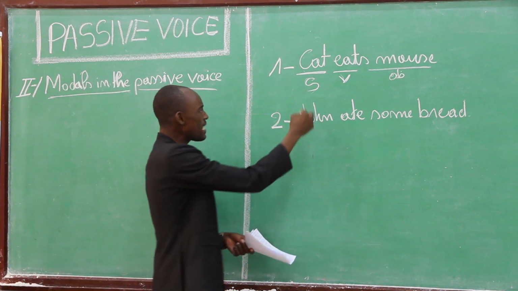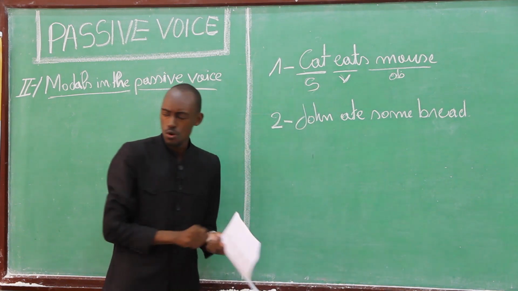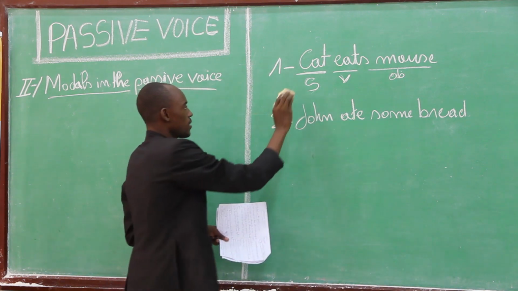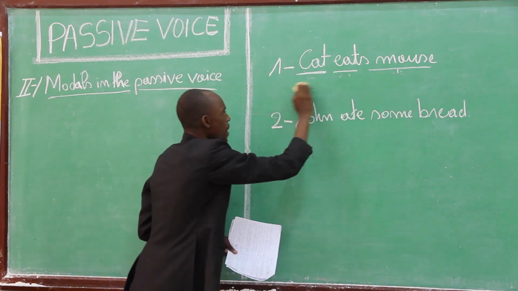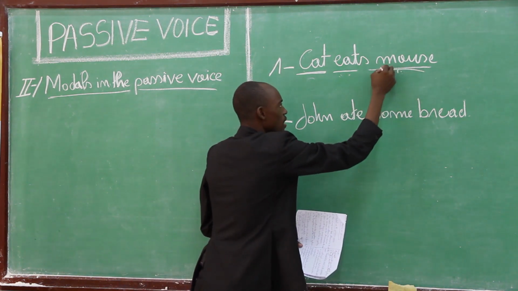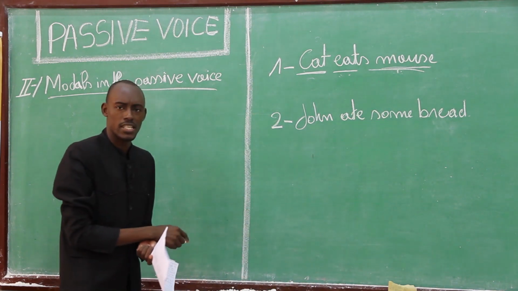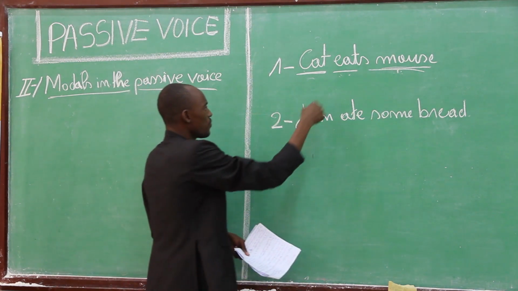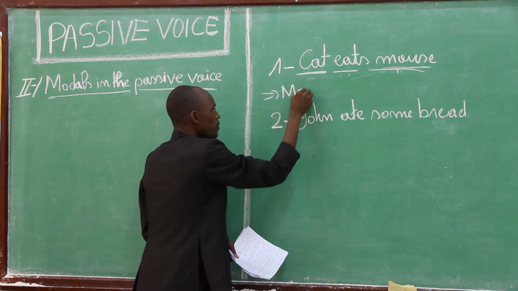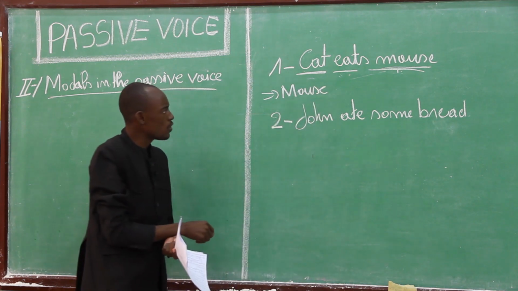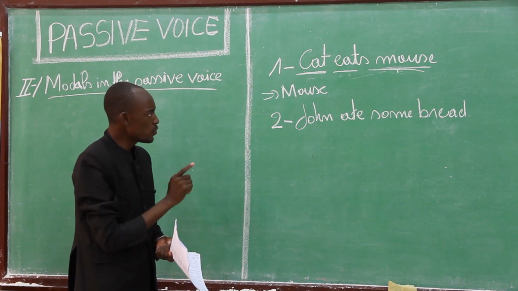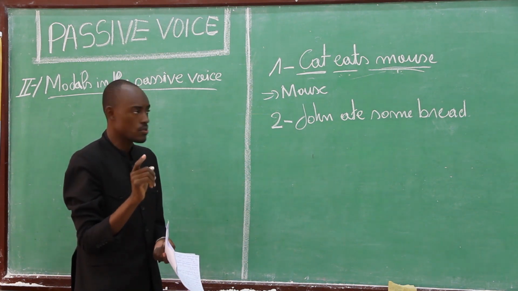Good. Now we can turn this sentence into passive voice. Yes, it is just the revision. In passive voice, the object, here we have mouse, is the object here. The object becomes the subject, and we have mouse, and after the subject, we should use the auxiliary to be.